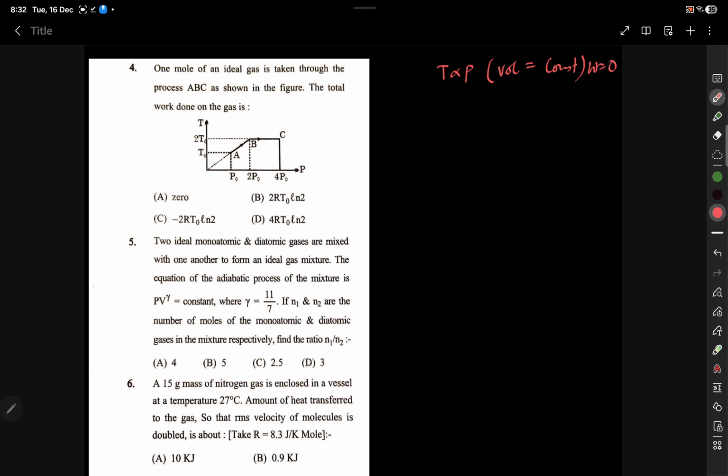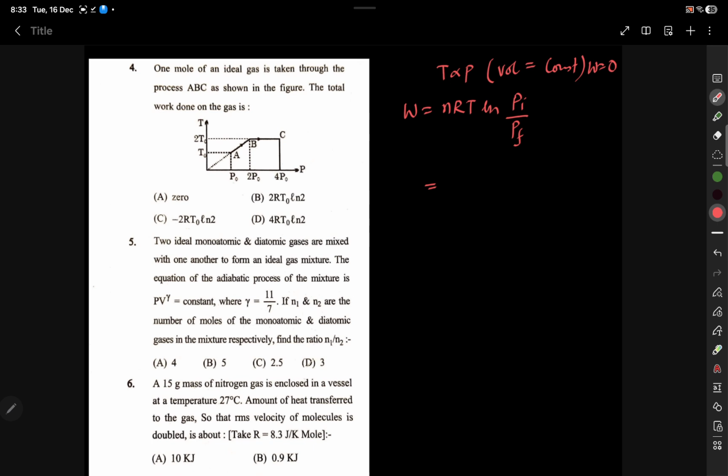Now for the second one, this is a constant temperature process. For an isothermal process, work done should be nRT ln of V final by V initial, or you may write that as P initial by P final.